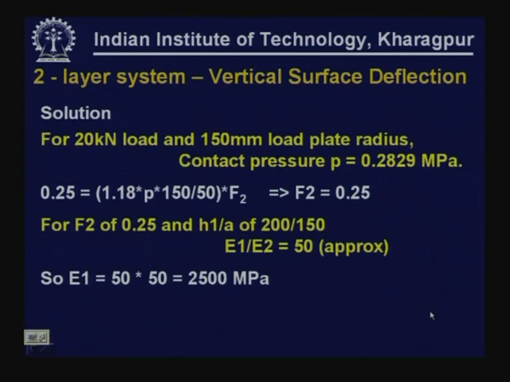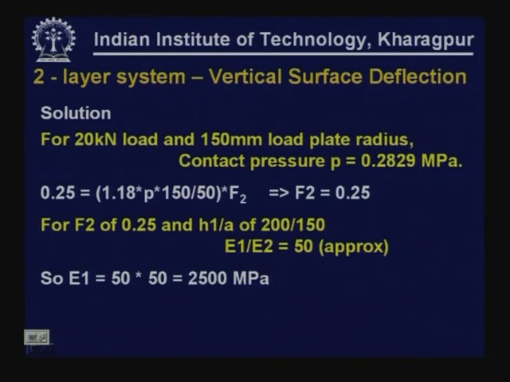So, for 20 kilonewton load and 150 millimeter load plate radius, contact pressure is 0.2829 MPa. So, measured surface deflection is 0.25, equating that to 1.18, this is a rigid plate, into p into 150 divided by 50, that is E2, into F2. So, this gives us an F2 value of 0.25.